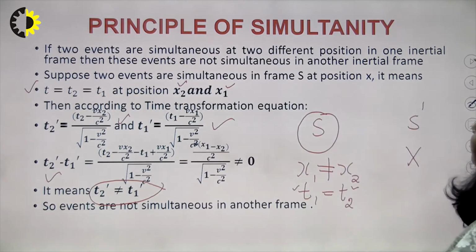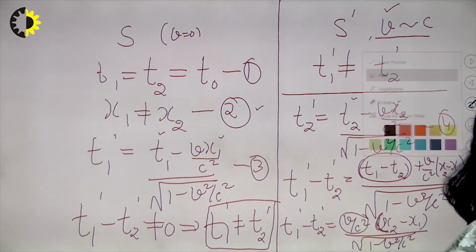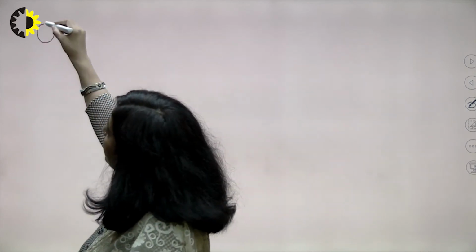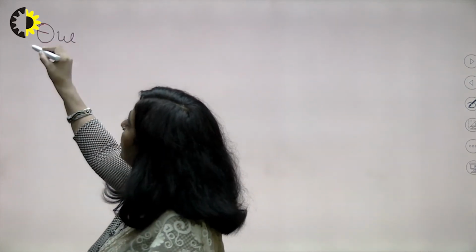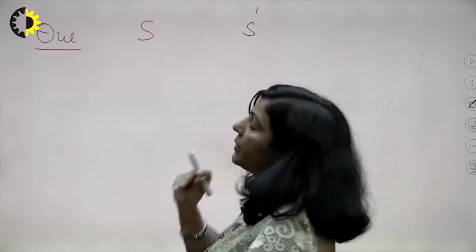Now we will solve a few numericals based upon the concept of length contraction and time dilation. So I am taking my first question based upon length contraction. You have two inertial frames, S and S dash.